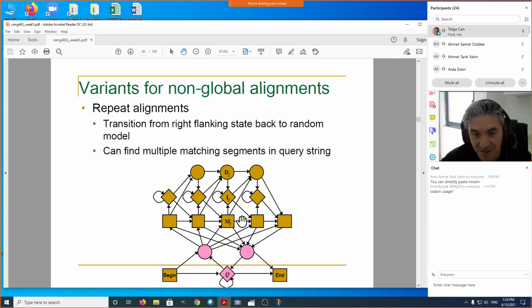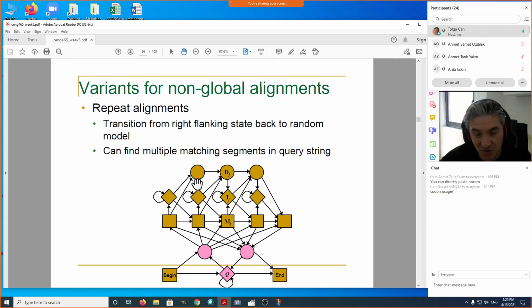Repeat alignments: if a certain thing is repeated again and again, it's possible to model that. Look at this part. Imagine this is a motif that is repeated within the sequence. After we come to the final conserved region, we may come to this state, come to this state, come to this one, and repeat the same thing again. So it's possible to repeat this over and over again until we arrive at the end state.